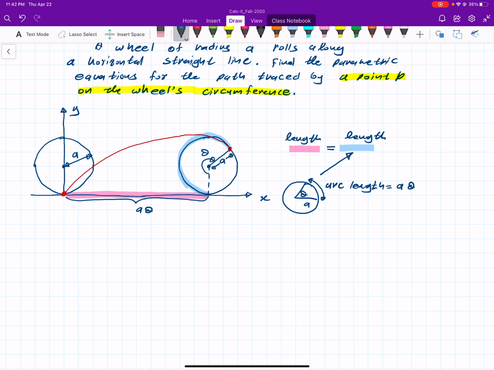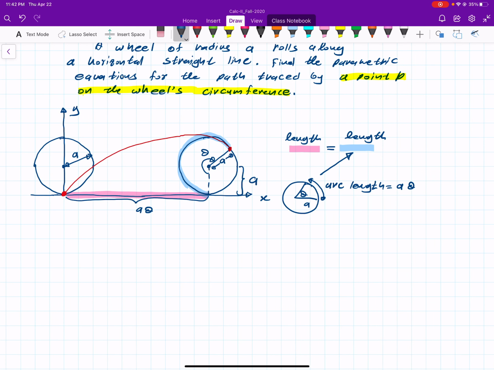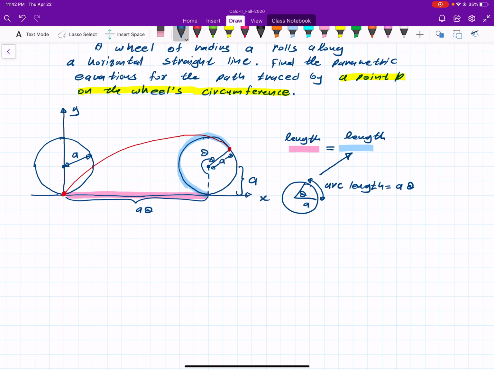This length is always a, because that is the height to the center, that doesn't change. And then the x displacement is from here all the way there. Okay, so this is the x displacement.